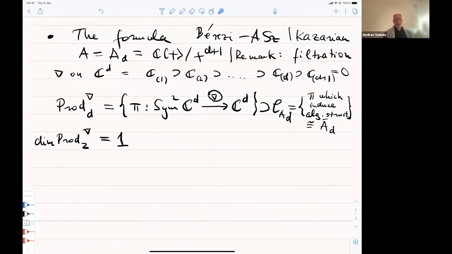I think the result there is 3. Dim prod 3 is equal to 3. You have the product of two linear functions being quadratic or cubic, and a product of a linear and a quadratic function can be cubic.